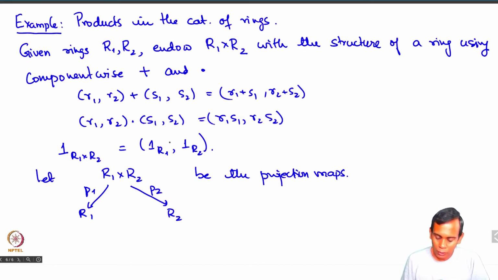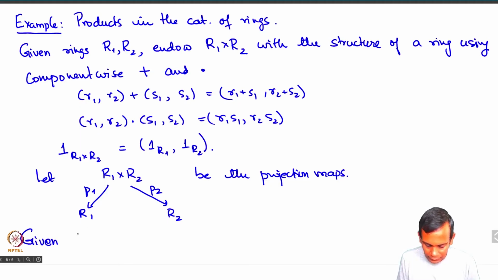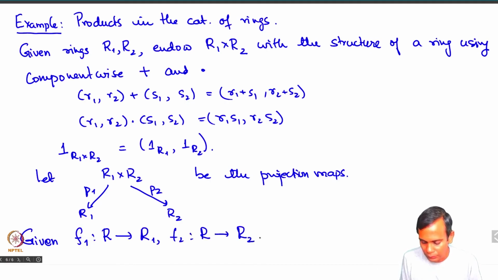So now we need to prove the universal property for a product, that is the definition of a product in the category of rings. So given a ring R and F1 from R to R1, F2 from R to R2, we need to show that there exists.